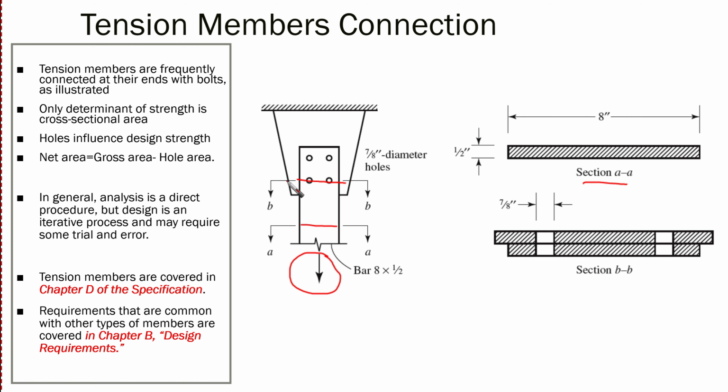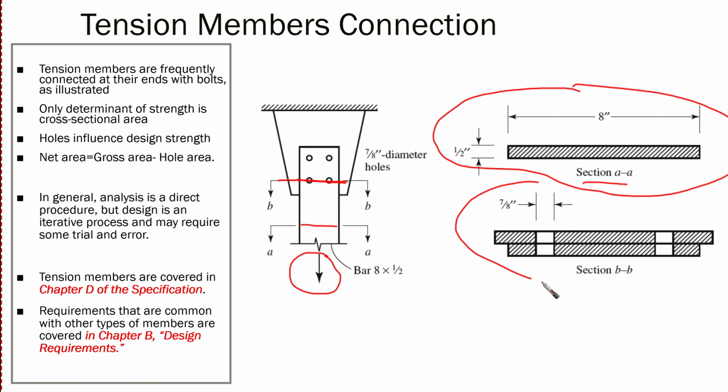But if you take section BB, you're going to find that there are holes of the bolts. This is because the stresses that are going to be developed in the gross area, we're going to deal with in a certain way, or put some limits for it, and those that are developed on the net area are going to be dealt with considering another type of limit state.